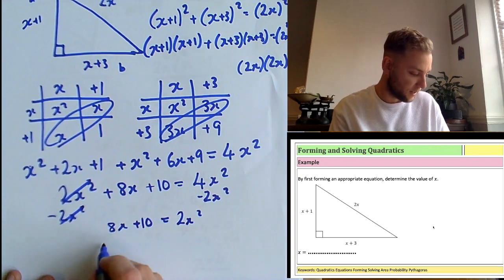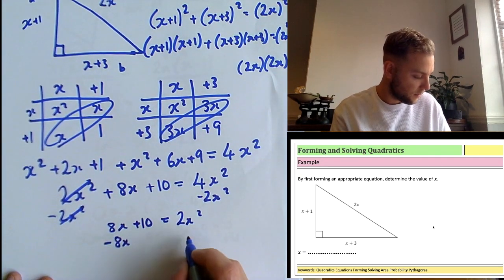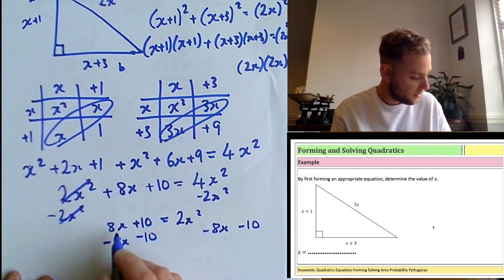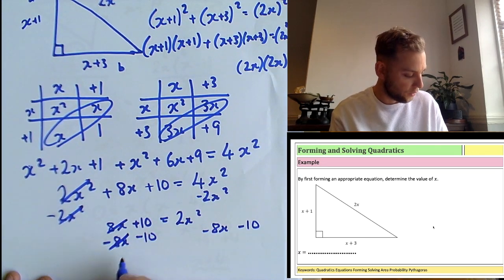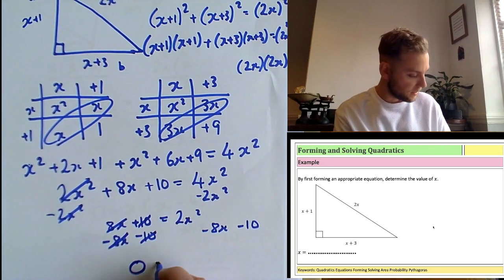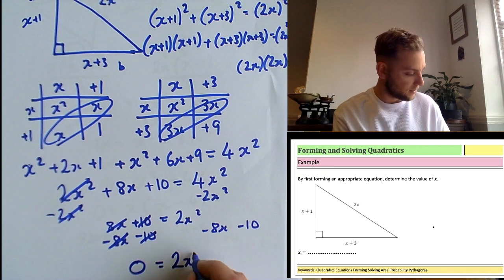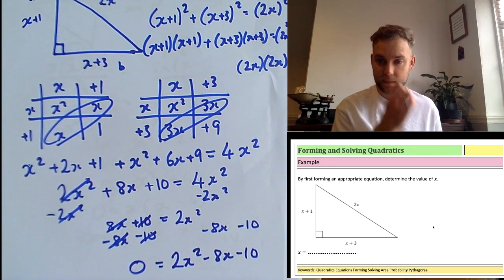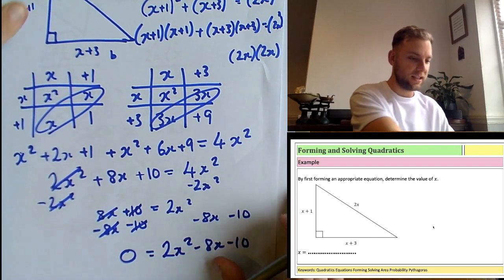I'm going to take them over at the same time. Minus 8x, minus 8x, minus 10, minus 10. 8x minus 8x is nothing. 10 minus 10 is nothing, so you just end up with 0 is equal to 2x squared minus 8x minus 10. Okay, we've nearly actually finished this.